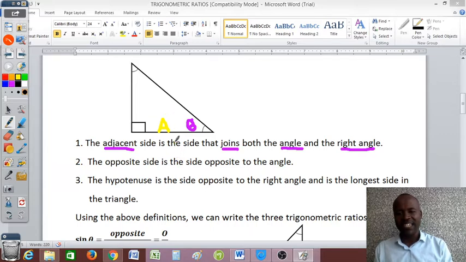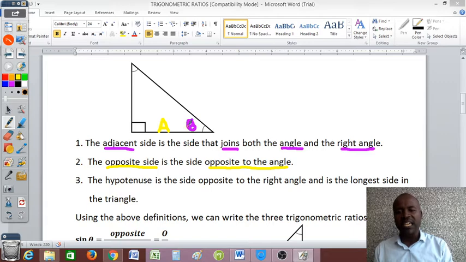So this is the adjacent side, the side which joins the given angle theta and the 90-degree angle, or the right angle. Now let's go to the second point. It says the opposite. In the first part we have seen adjacent. Now here the opposite side. The opposite side is the side which is opposite to the angle.